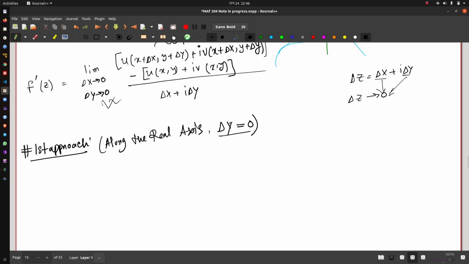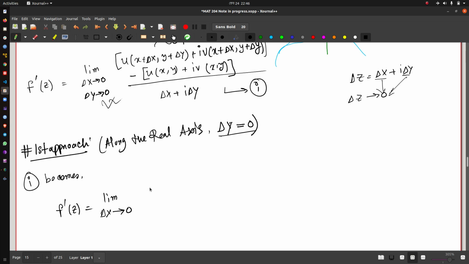So if we consider this, then this expression, let's call it expression I, becomes f prime of z equals the limit as delta x goes to 0, because y is always 0, of u of x plus del x, y plus i v of x plus del x, y.